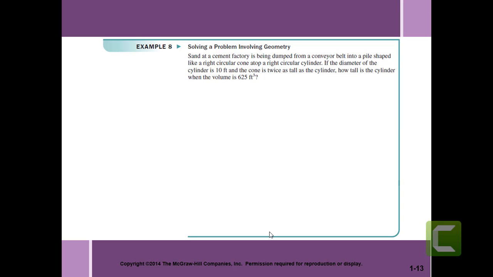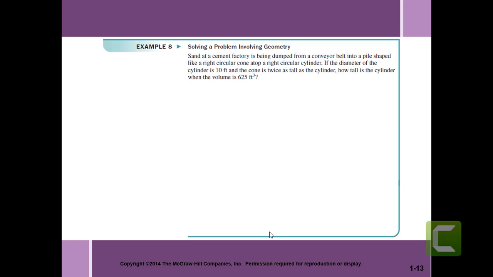So now we know that the diameter of the cylinder and the diameter of the base of the cone also have to be the same, 10 feet. Now the question is, how tall is the cylinder when the volume is 625 cubic feet?